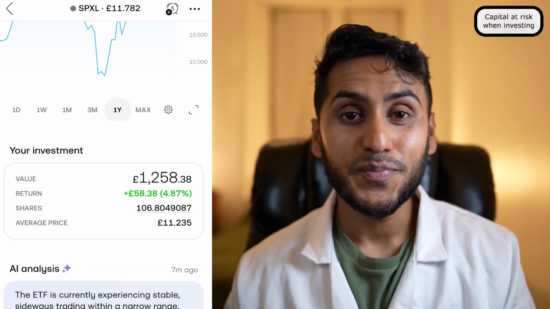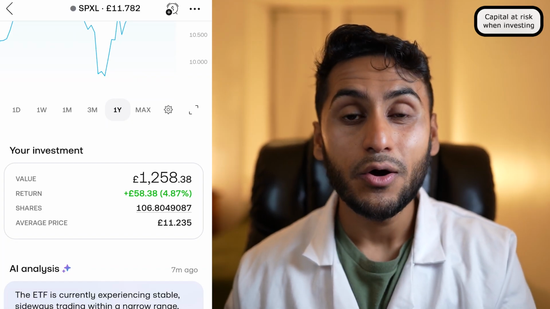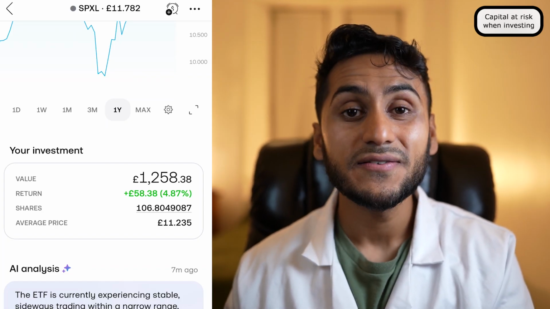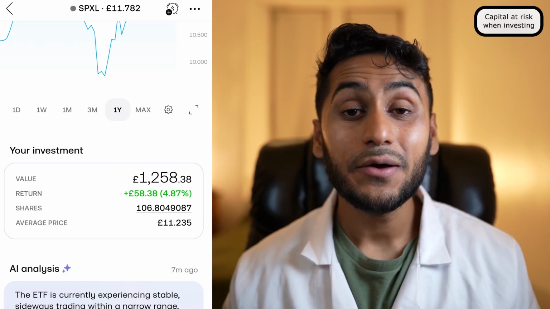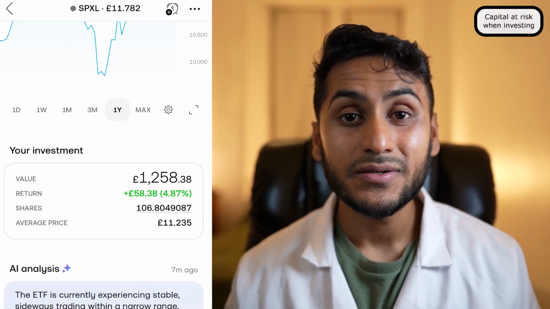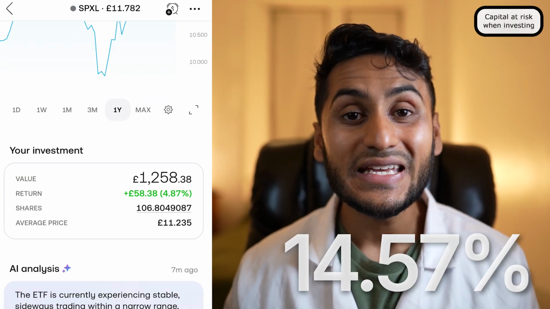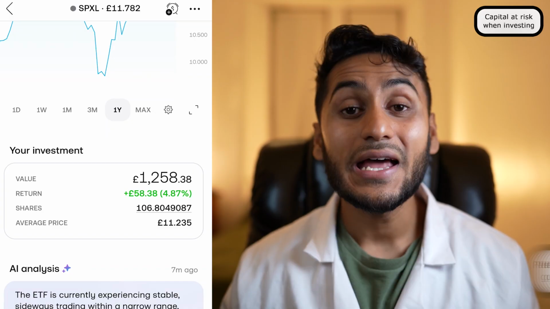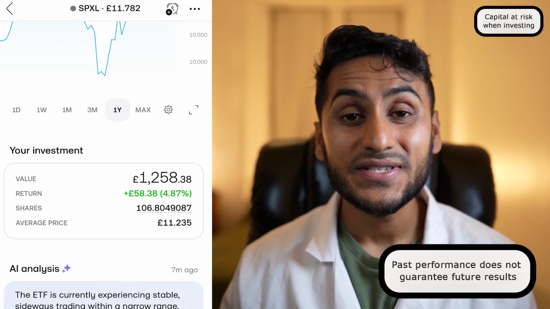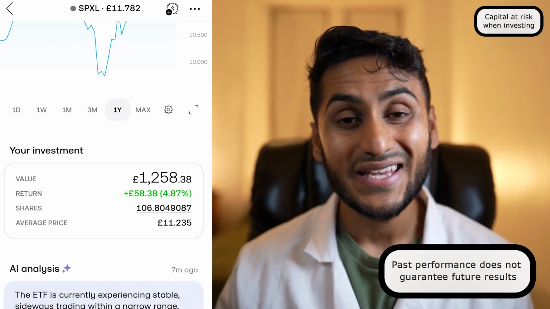Now to put this into perspective, our dollar cost averaging or pound cost averaging yielded us 4.87%. Now if we had lump summed this same amount on the 12th of May, via my calculations, we would have had a 14.57% return. Now that's basically around 10 extra percent return we would have got over the same time period.